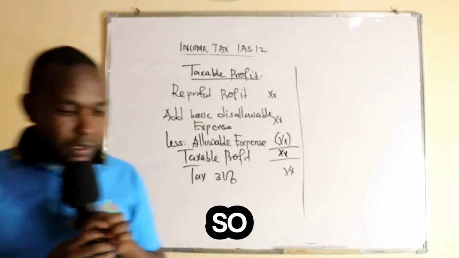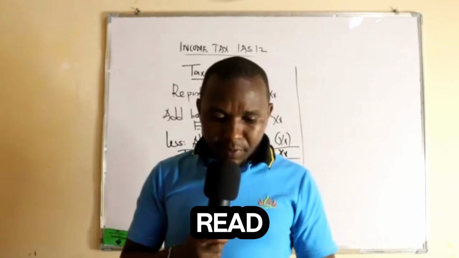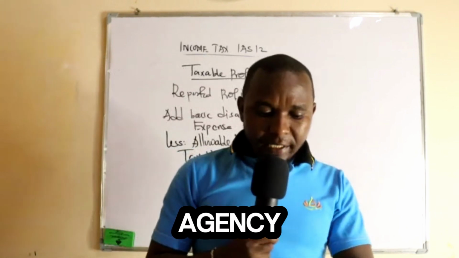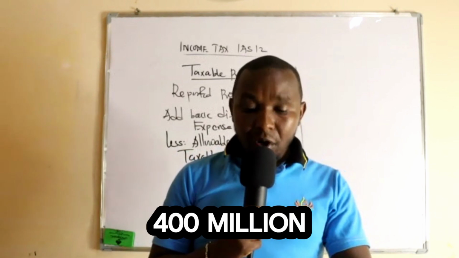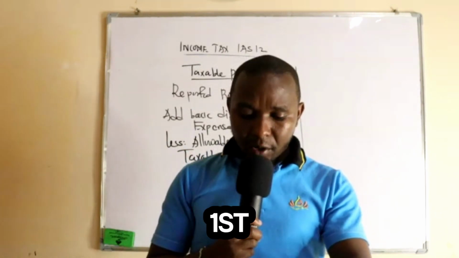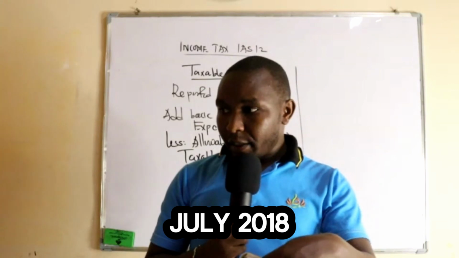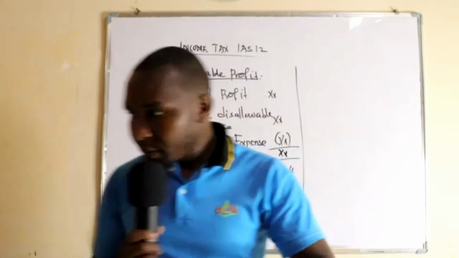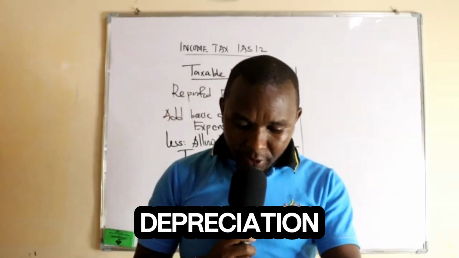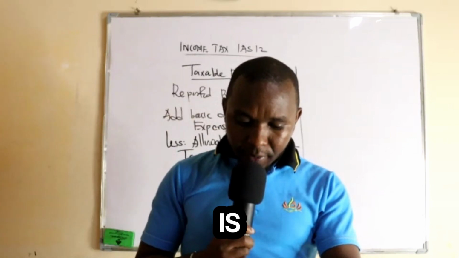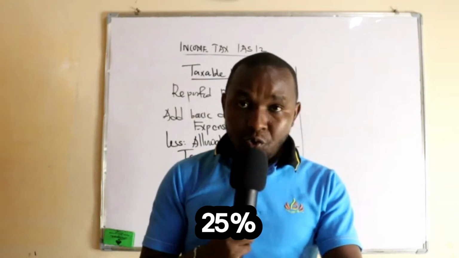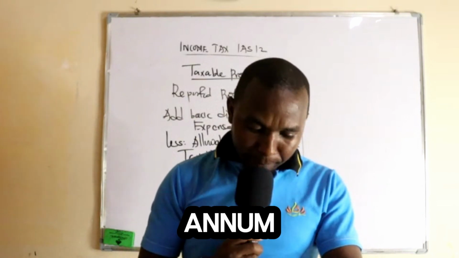We have been told Equip Agency Limited purchased an equipment of 400 million on 1st July 2018. The depreciation on equipment is provided on a straight line basis at the rate of 25% per annum.